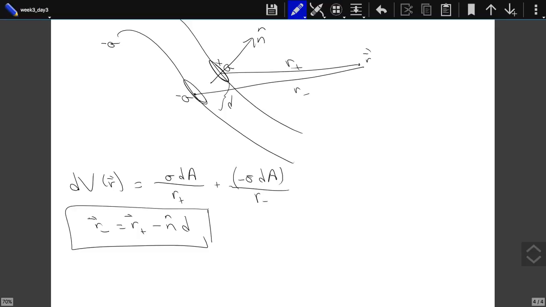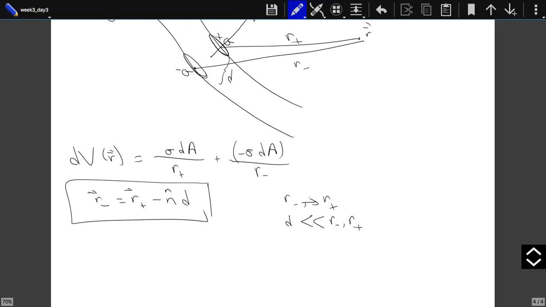So how do we relate R minus and R plus? We will be assuming that R minus eventually goes to R plus. D will go to 0, and D is much smaller than R minus or R plus, both of them.